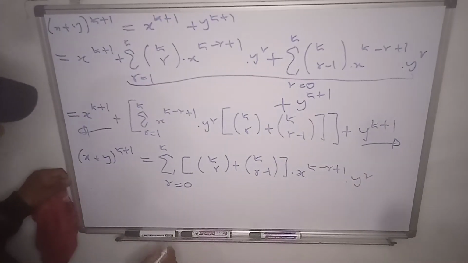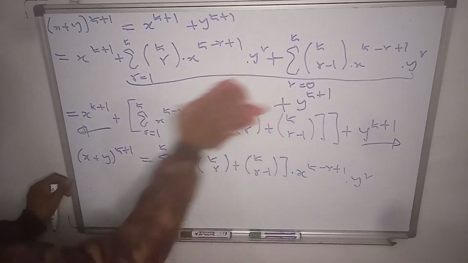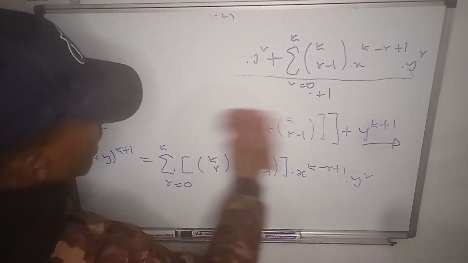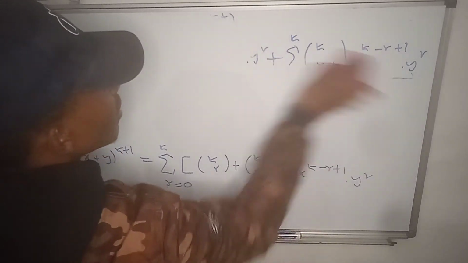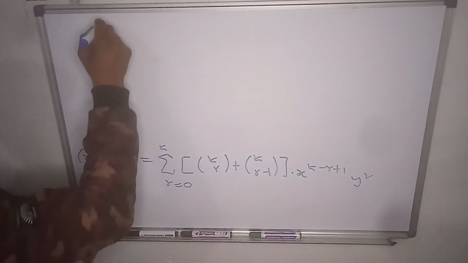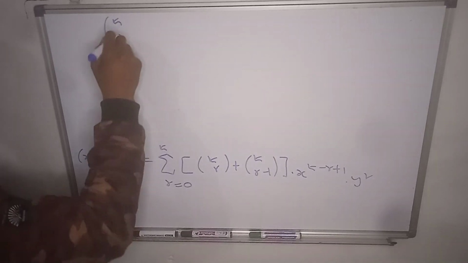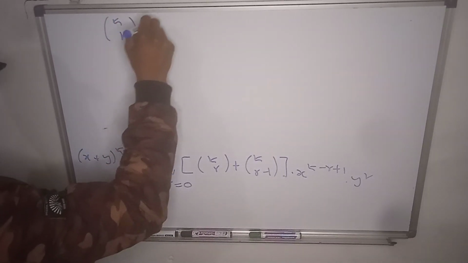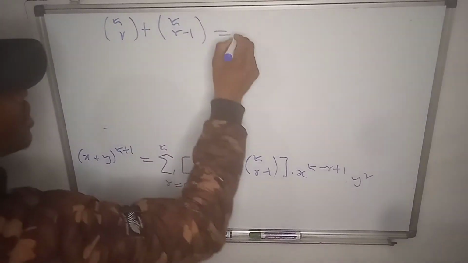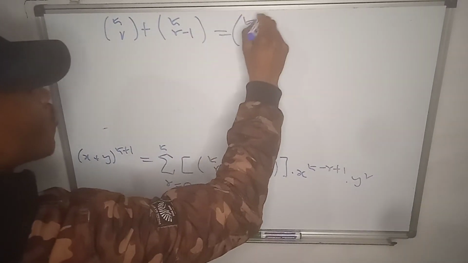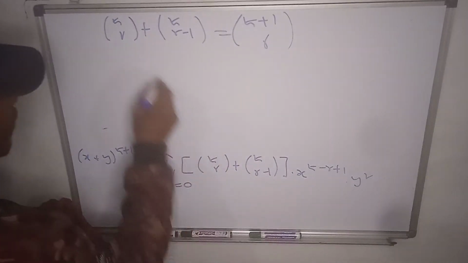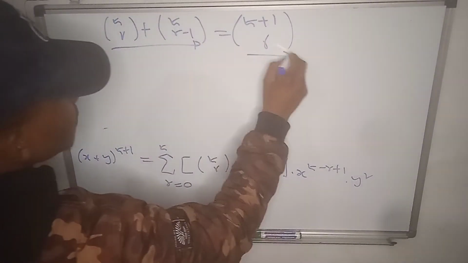But using Pascal's rule, if you can go and check one of my videos I made about Pascal's rule, then you will know that k combination r plus k combination r minus 1 is the same as k plus 1 combination r. So wherever I see this, I can substitute this.